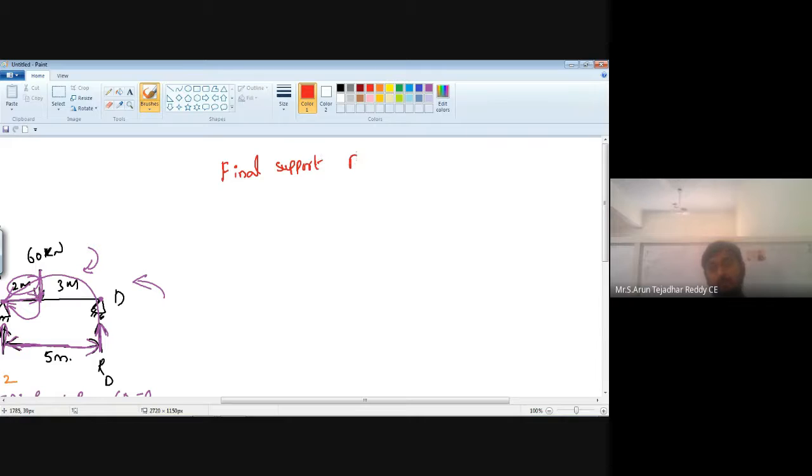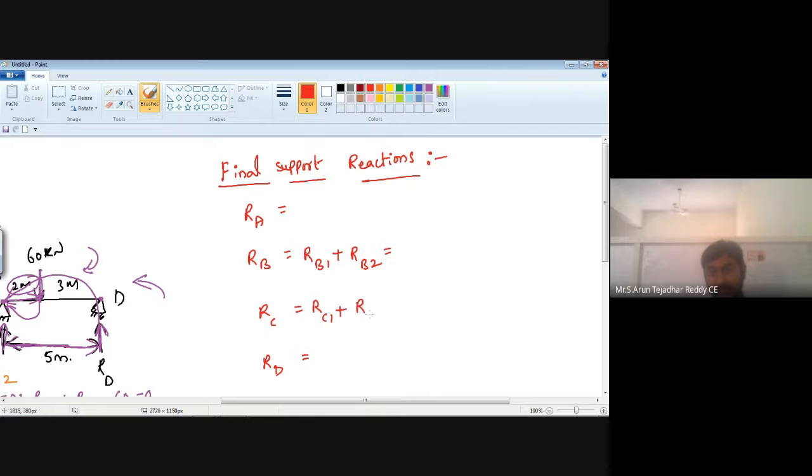RA, RB, RC, RD. These are the final support reactions, and here we have RB is equal to RB1 plus RB2. Okay, and here we have RC, RC1 plus RC2. Remaining we can write as usual.